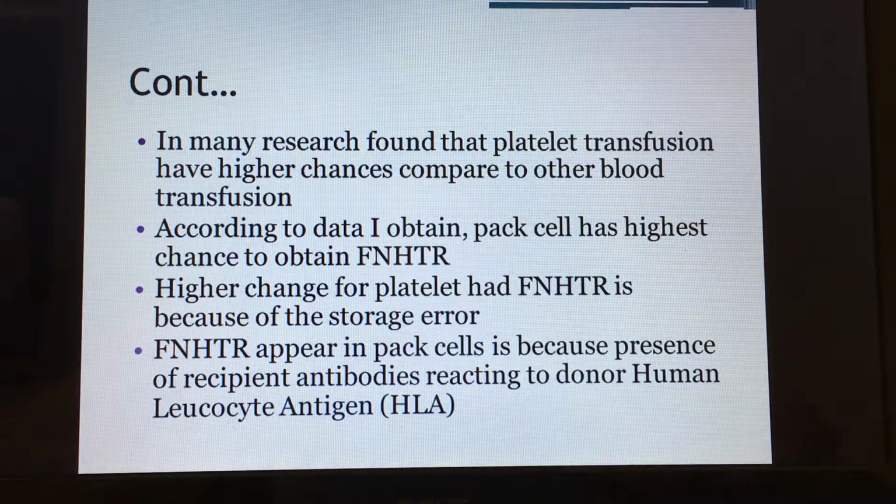The higher chance with platelets is because of the storage conditions: platelets are stored at room temperature, as I mentioned just now, so the blood components are activated and accumulate cytokines. The febrile non-hemolytic transfusion reaction in PRBC appears because of the presence of the recipient's antibody reacting to the donor's human leukocyte antigens. So prevention must be made if the patient has a transfusion reaction history. Okay, thank you.